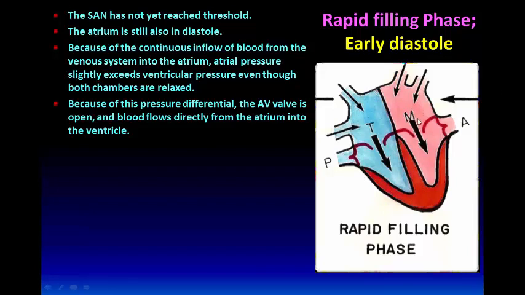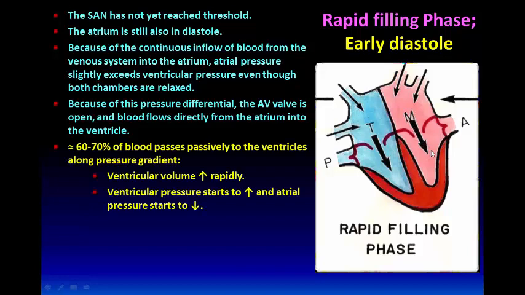Because of this pressure differential, because the pressure in the left atrium slightly exceeds the pressure in the left ventricle, the mitral valve is open and blood flows directly from the left atrium into the left ventricle.